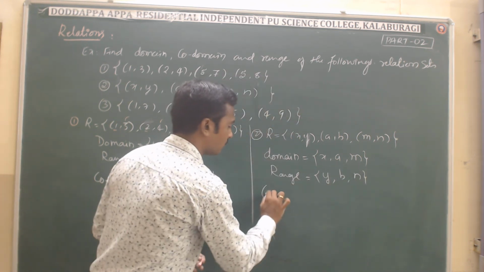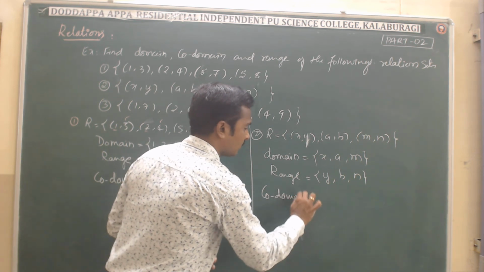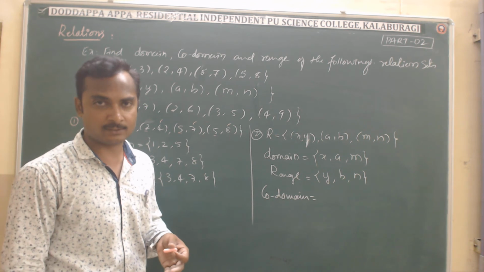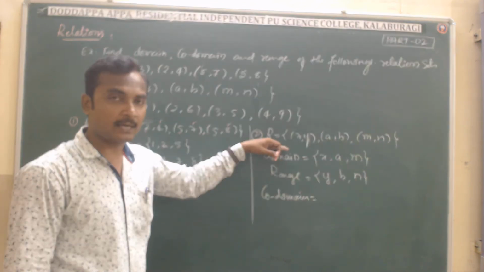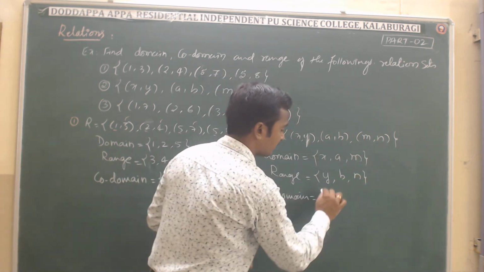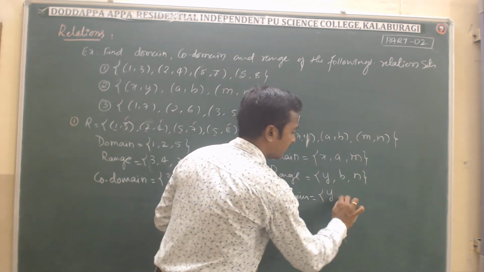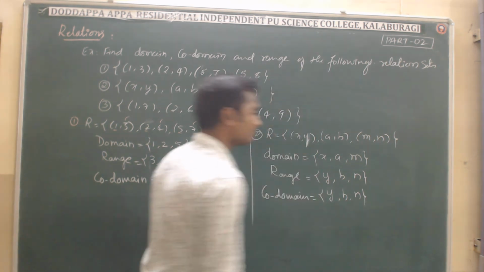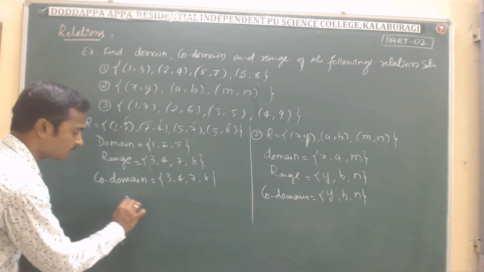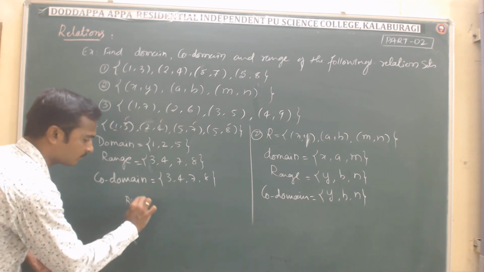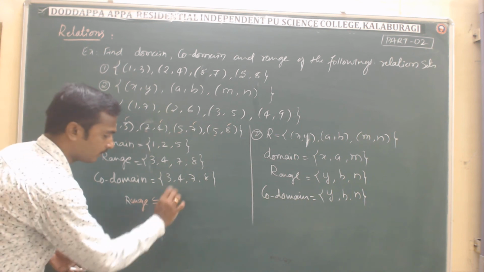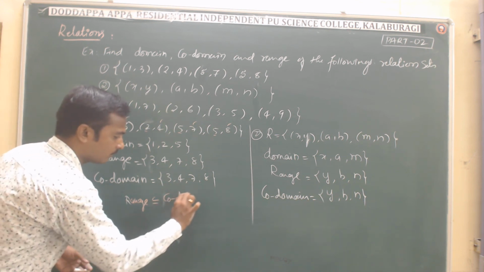What about the codomain? Codomain is nothing but the elements of the second set in this Cartesian product or relation set, I can say. Each second element means again the range, so y, b and n. Okay. So this is the best example where the range is a subset of or equal to the codomain.